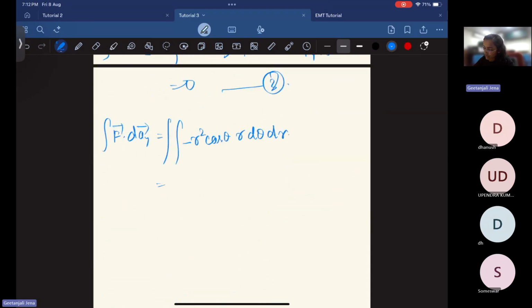Okay, so this limit integration will give, I think, minus r to the 4 by 4. Just check this once.